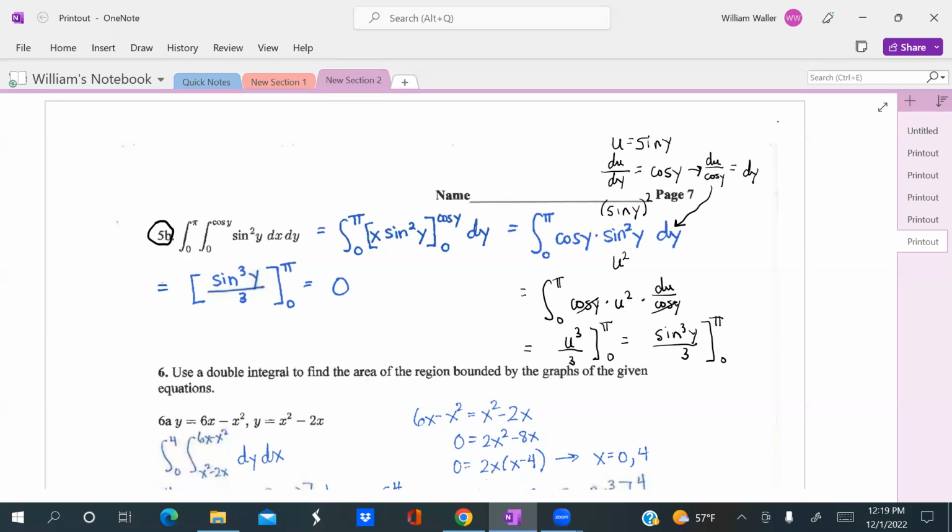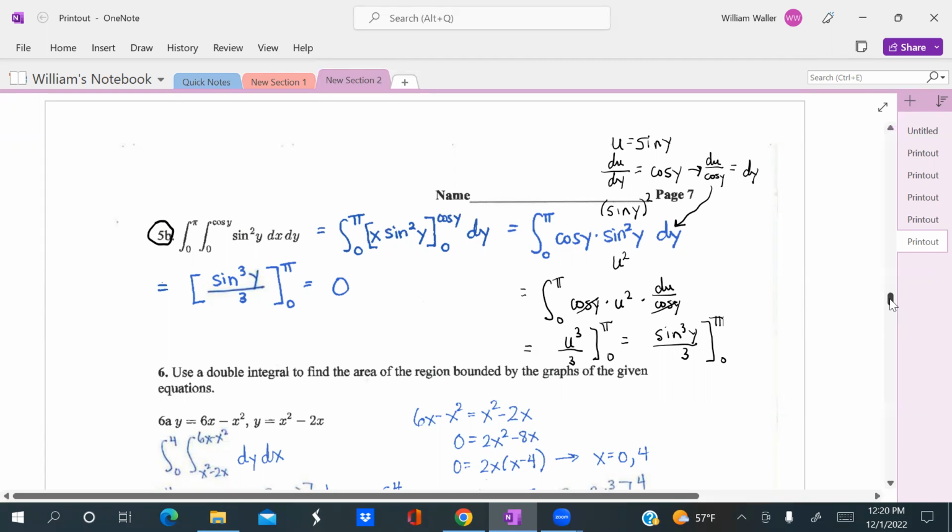That's what I have written here as the value of our definite integral, correct? And now when you evaluate that from 0 to pi, you just get nicely 0. So this definite double integral just turns out to be 0.